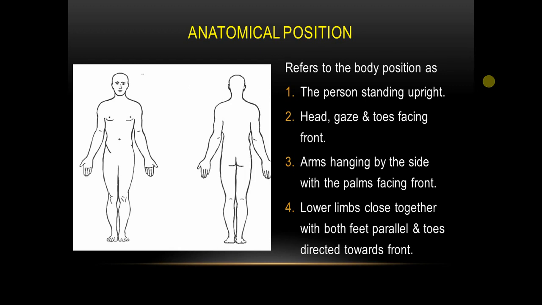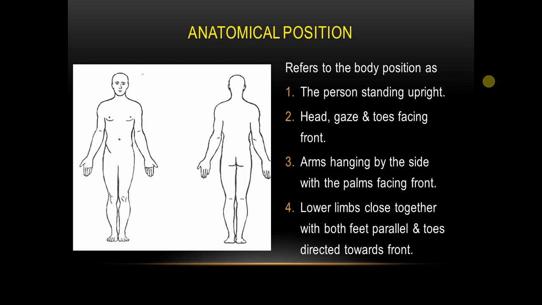To understand the language of medicine, what we call nomenclature, in anatomy is called anatomical nomenclature. In the forthcoming slides, I will be speaking about the basics of anatomical nomenclature, so please pay attention to it.